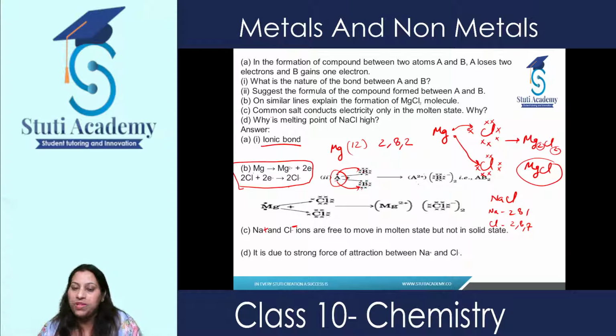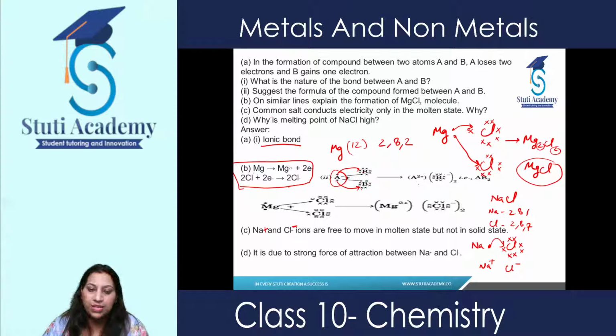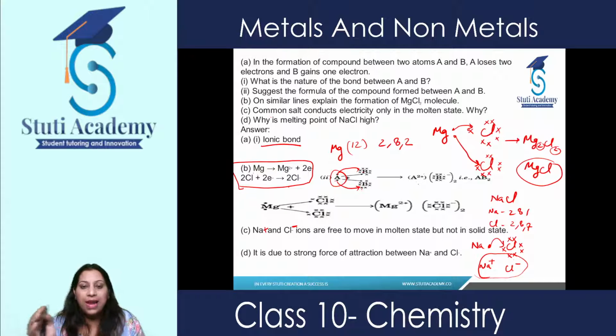And how can we represent them in the form of ionic compounds? Na has 1 electron, and Cl has 1, 2, 3, 4, 5, 6 and 7. So Na is giving 1 electron. Now it becomes Na positive, and Cl accepts it and becomes Cl minus, negative. So in its molten state, it has ions, but not in the solid state. That's why it conducts electricity in the molten state only, not in the solid state.